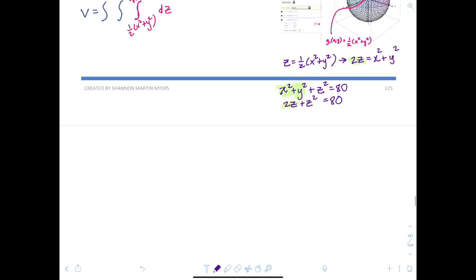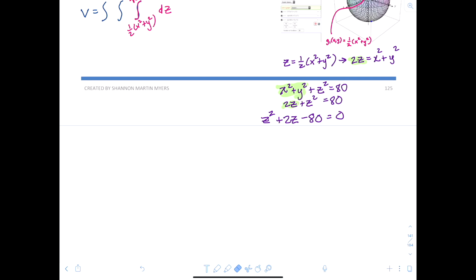So we would end up with z squared plus 2z minus 80 is equal to 0. And then solving for z, let's see what happens.